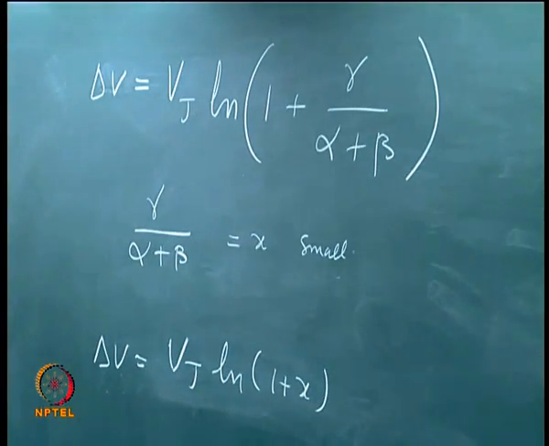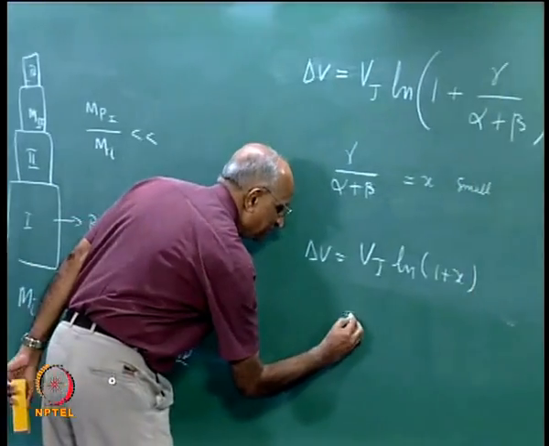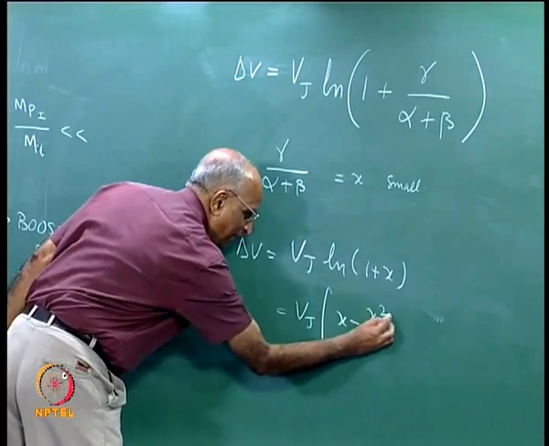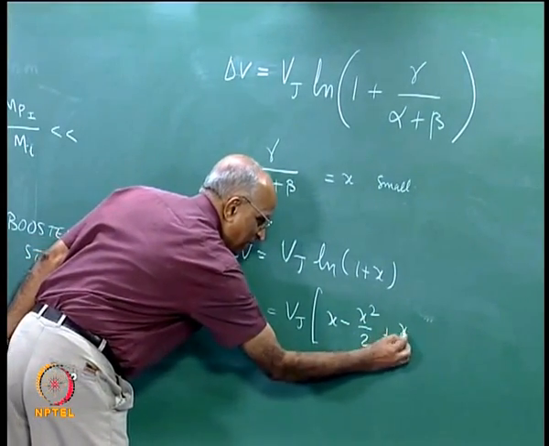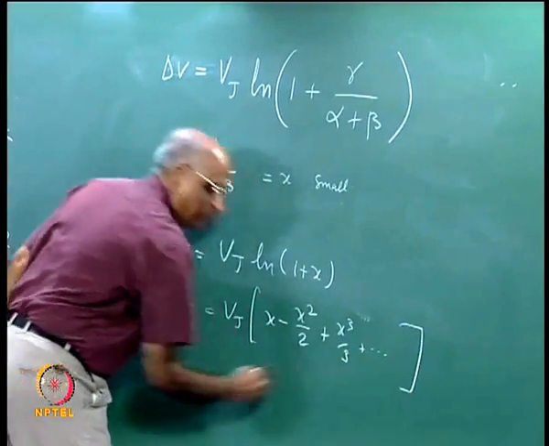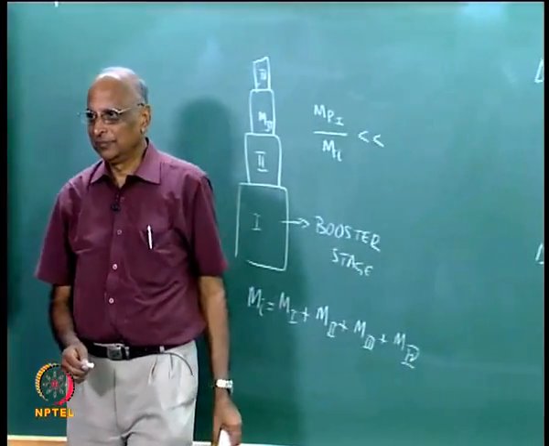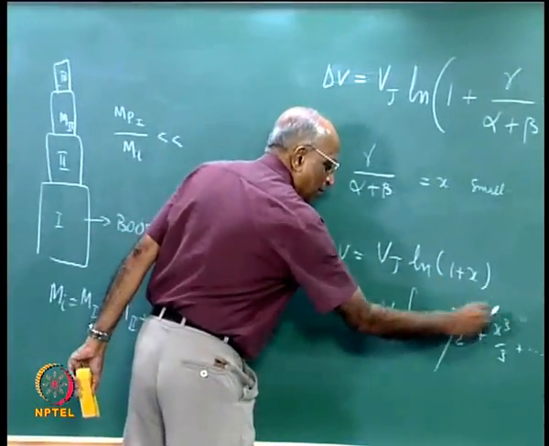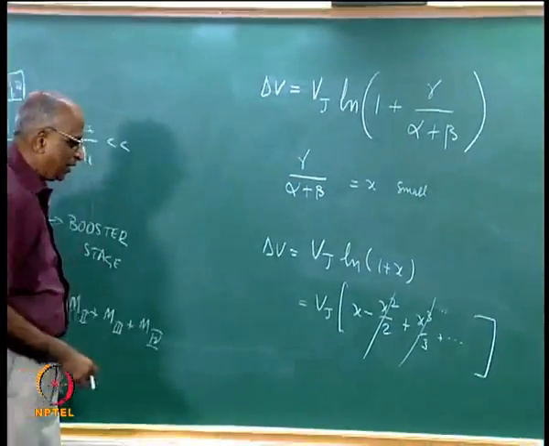And what is ln of 1 plus x? X minus x squared by 2 plus x cubed by 3, but x is a small number, therefore, I can as well forget about the square, cube and so on.